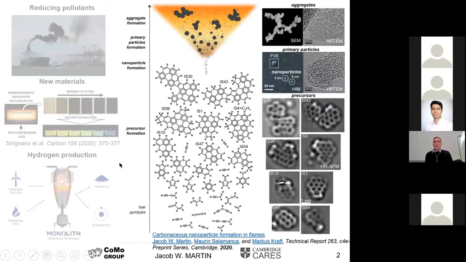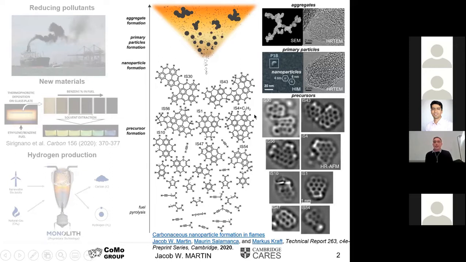So let's go into a schematic that I've recently prepared, looking at the progression of fuel to particles. At the bottom here, you've got these small pyrolysis products that then cyclize into ring structures that grow through acetylene addition into these large aromatics.